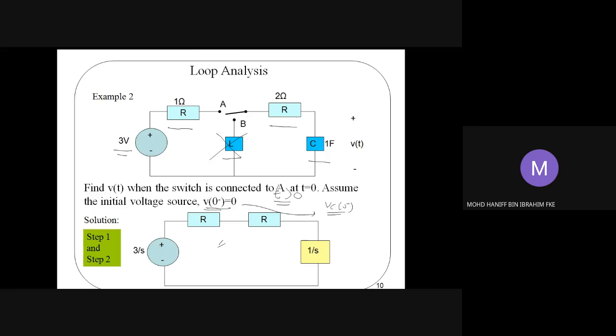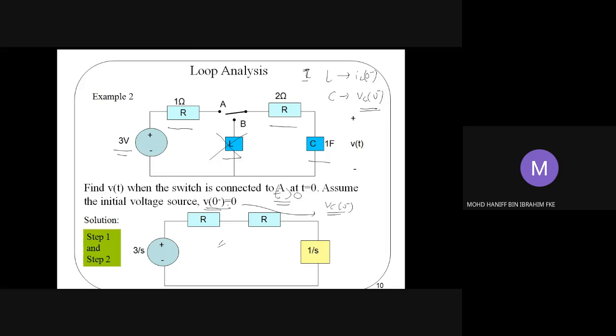Always be reminded that for the inductor L, we are dealing with the initial current source, whereas for the capacitor, we are dealing with the initial voltage source. For the capacitor, the initial voltage source is given to be 0.